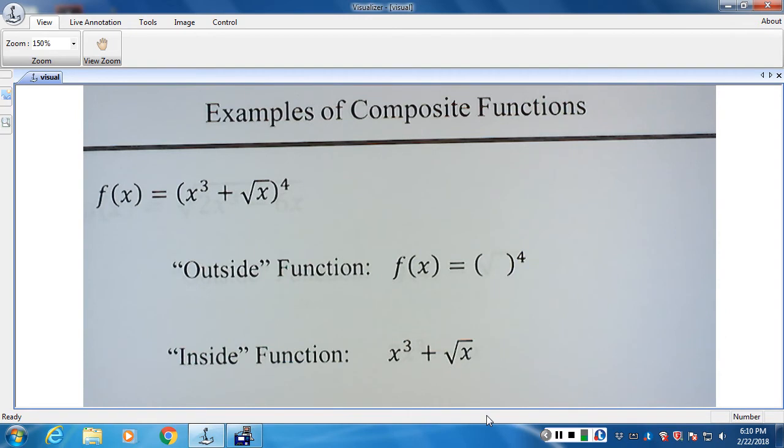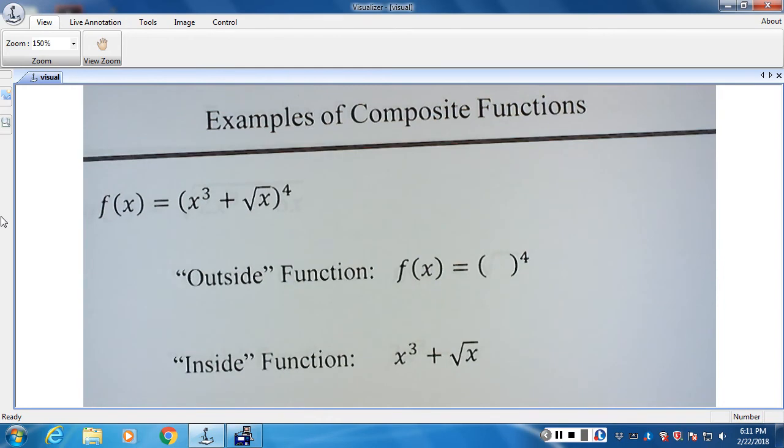So the idea that I want to get across to you in this first part is what is an inside function versus an outside function. And hopefully this is a visual enough idea that you won't have any trouble figuring out what I mean by that. In this function, f of x, f is actually made up of 2 different functions.